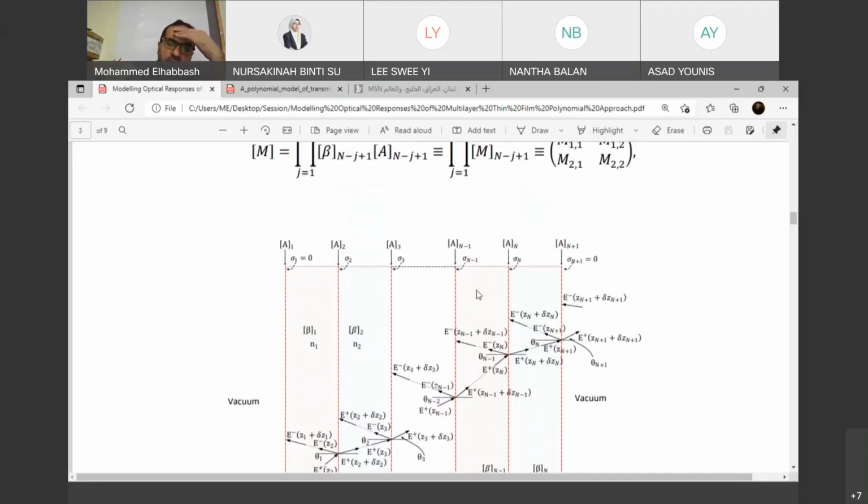Here we have the conductivity due to this one, sigma 1, sigma 2, sigma 3, and so on. This is a conductivity due to accumulated charge. It is not the conductivity of the material.